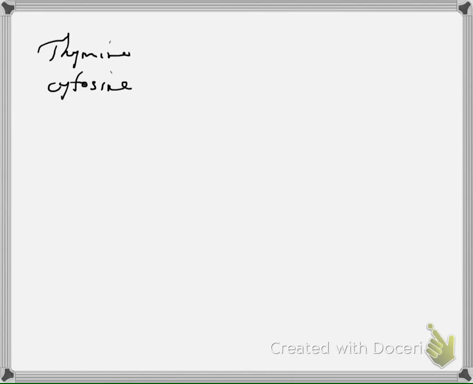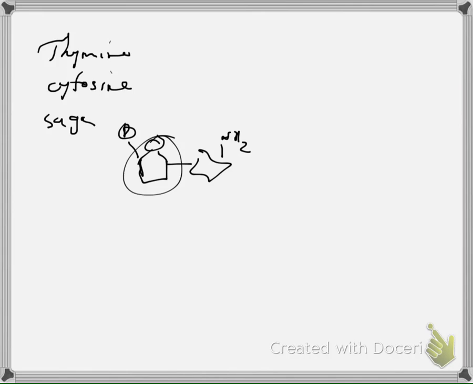Bases are always bonded to the blank molecules. So we have our phosphate, and here's our base, a nitrogen-containing group, and it's always bonded to what? The sugar. Now, in DNA, again, that sugar is deoxyribose.